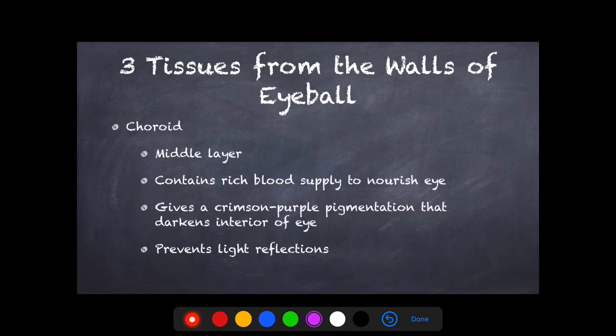The choroid is also the middle layer of the eyeball, and it contains a very rich supply of blood to nourish the eye, and this is also what gives the eye a crimson/purple pigmentation, and darkens the interior of the eye, and this also prevents light reflections from happening.